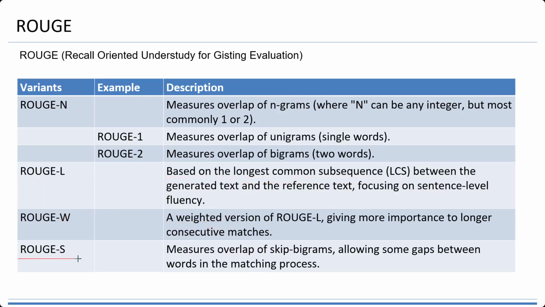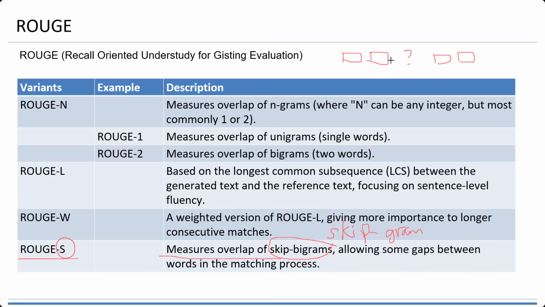The other kind of variant of ROUGE, we call it ROUGE-S. ROUGE-S measures the overlap of skip bigrams. The skip bigram is similar to the skip-gram, if you still remember. In the skip-gram you have words, and then you skip one word, and then you want to predict what you already skipped.